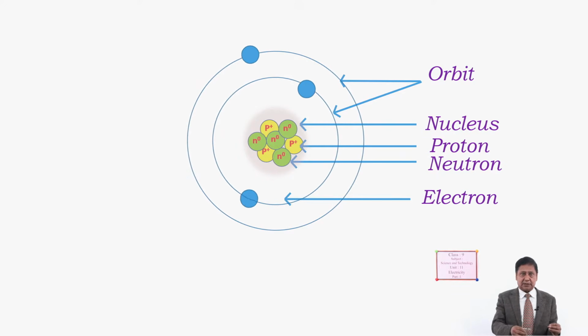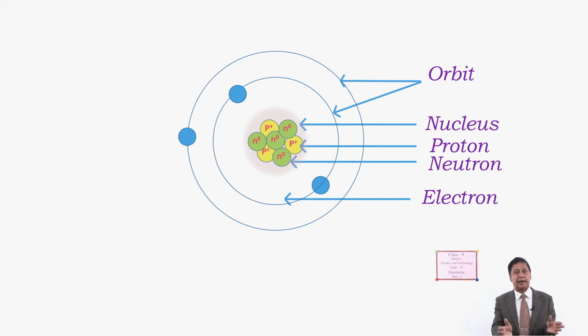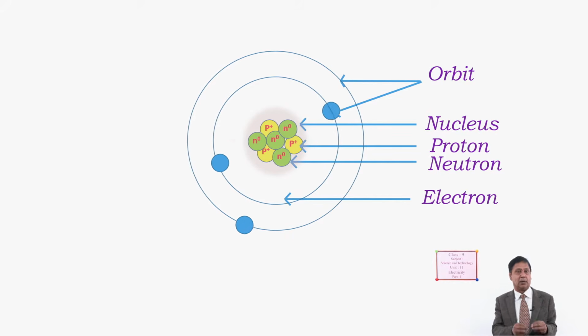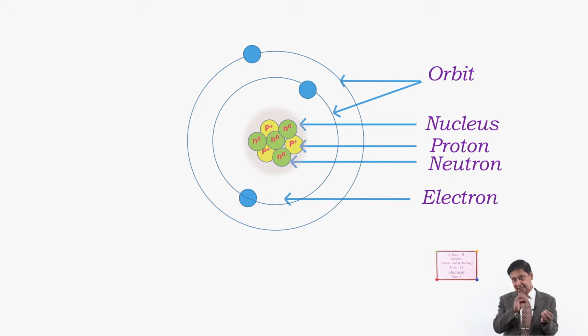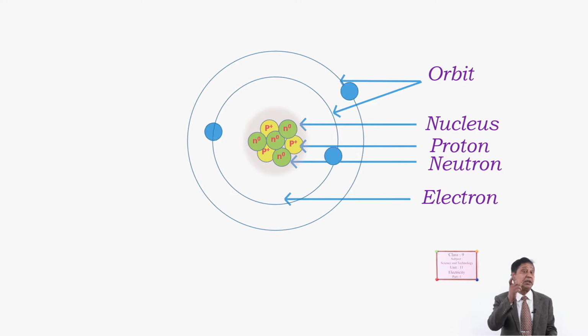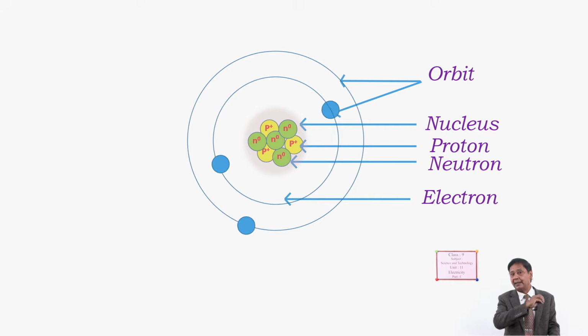In any atom, the number of electrons and number of protons are equal. That's why the amount of negative charge and amount of positive charge are also equal, and they cancel each other. An atom is usually neutral. This is one of the important points we have to remember. There is no electricity in normal atoms, no electricity in any object if the number of electrons and protons are equal.